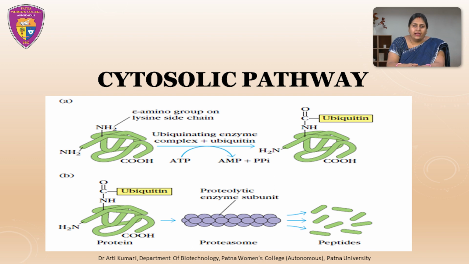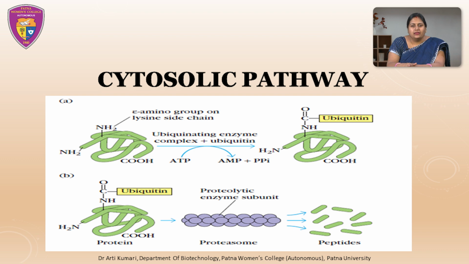The ubiquitin tag determines the protein molecule to be destroyed. This whole process is an ATP dependent process in which a ubiquitinating enzyme complex links several ubiquitin molecules to a lysine amino group near the amino terminus of the protein.